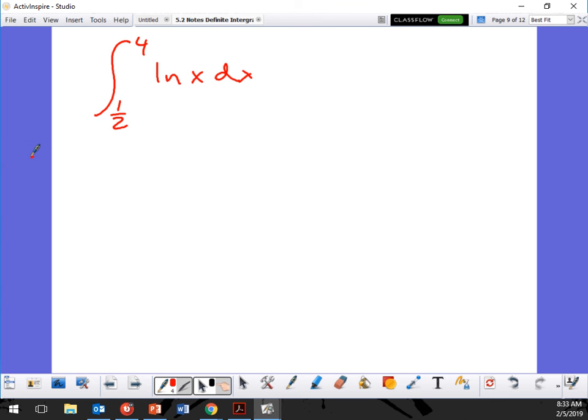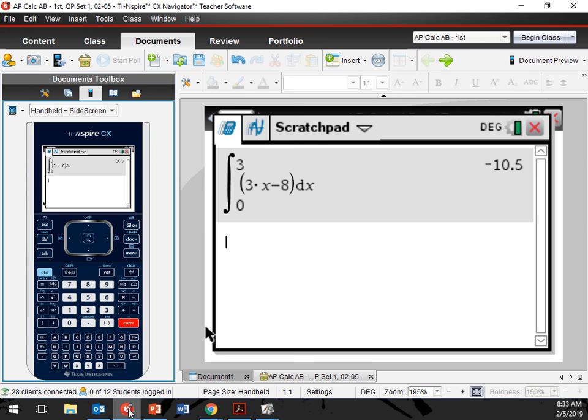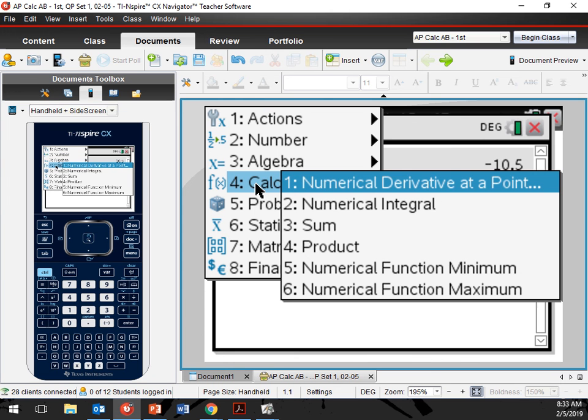What does the antiderivative do? Okay, let's see what the calculator says. Oh, wait. You need calculus 2 to be able to find that. Otherwise, it's just an identity. No, we can do it by graphing. Menu, calculus.